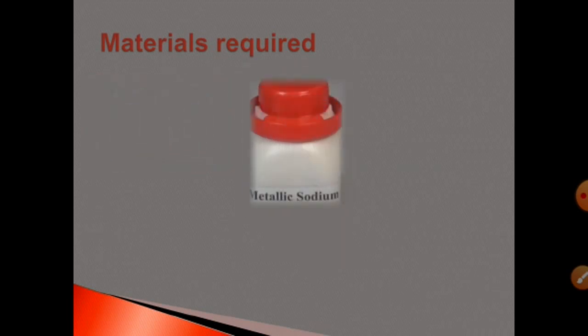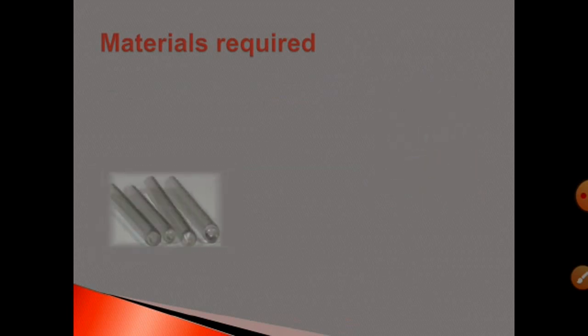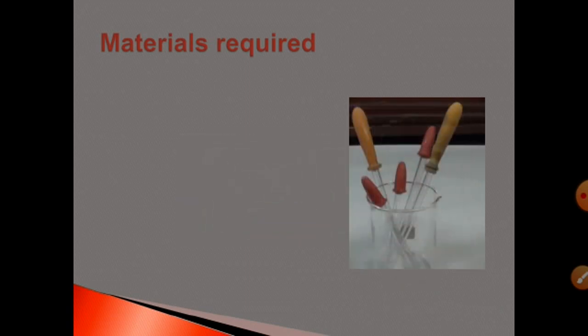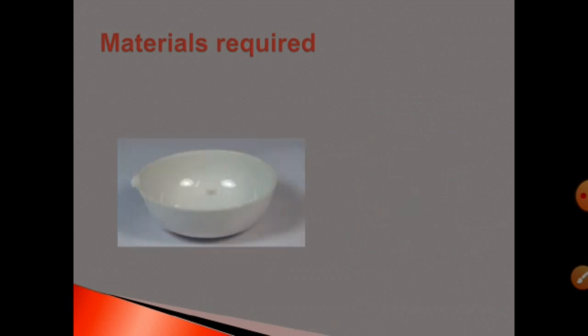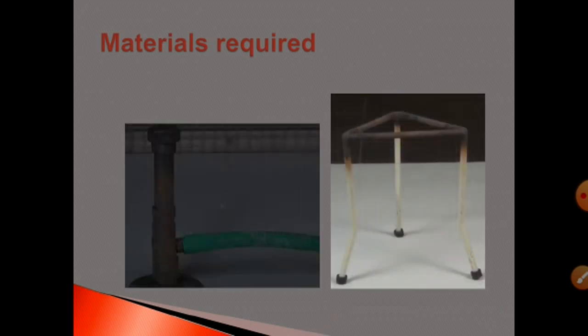The materials required to prepare the Lassaigne's extract are: organic compound, sodium metal, distilled water, fusion tubes, forceps, filter paper, dropper, china dish, funnel, tripod stand, and Bunsen burner.